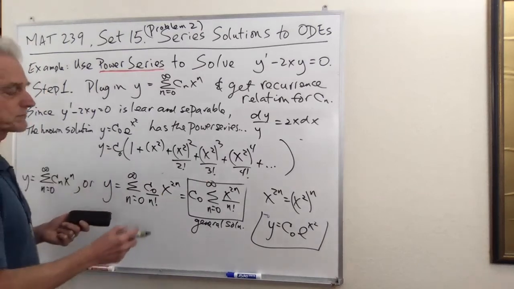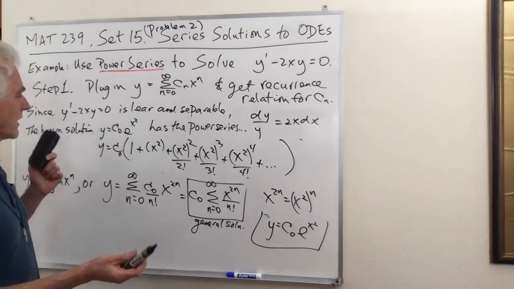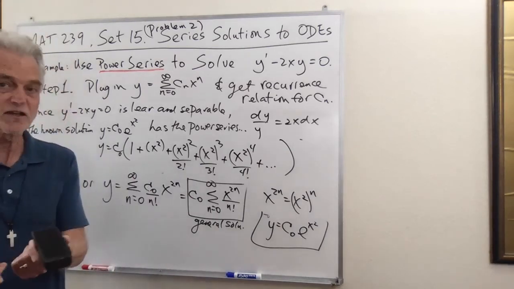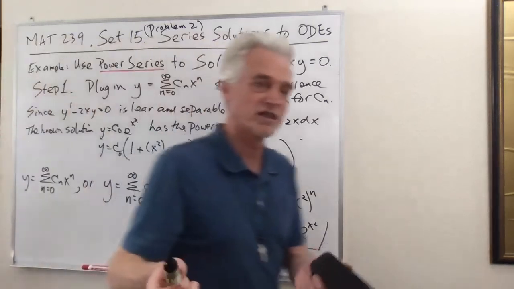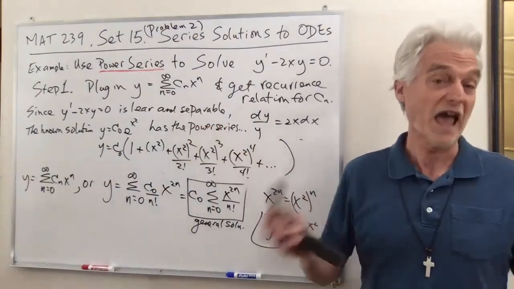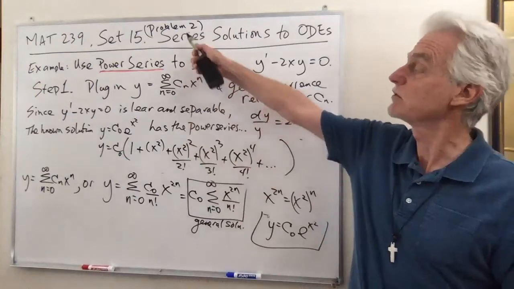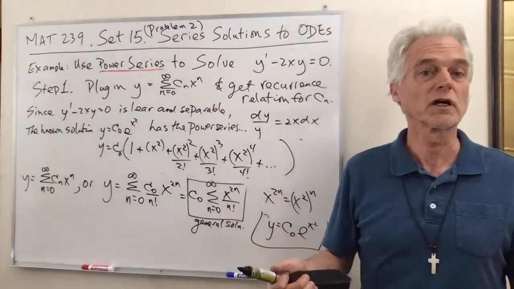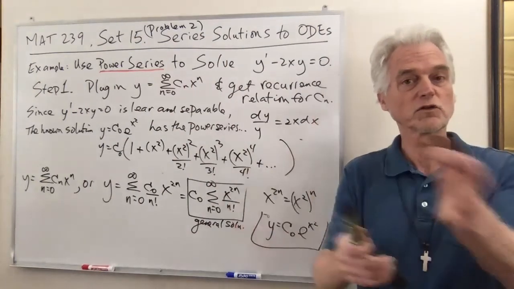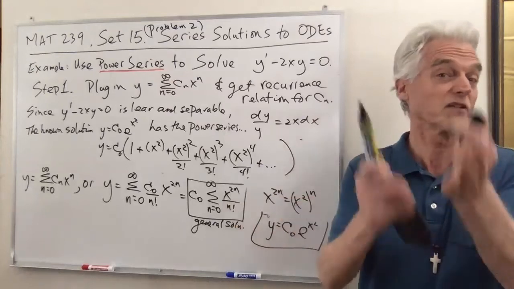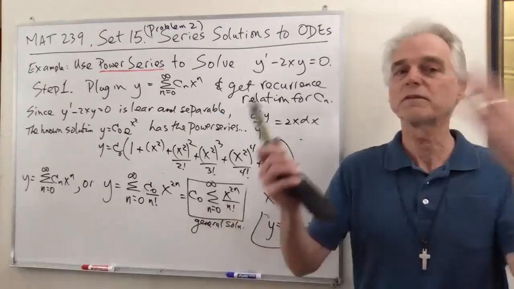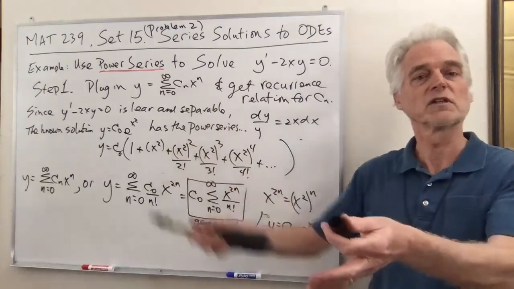Okay, so this is a technique that you can use in second order ODEs, and in the homework we're mostly going to be doing it for second order, but the first order example illustrates how it works. Like problem 2 in the web work, it often happens that you get one or two terms, or maybe even three, to start things off, and then you get a formula for Cn plus 1 or maybe Cn plus 2 in terms of the earlier Cn's.